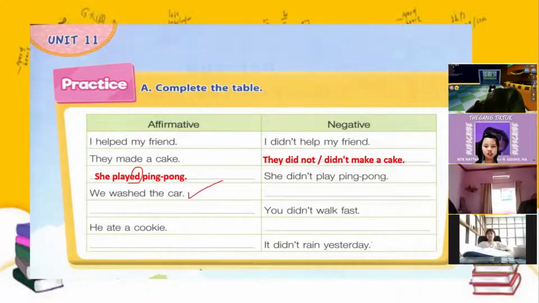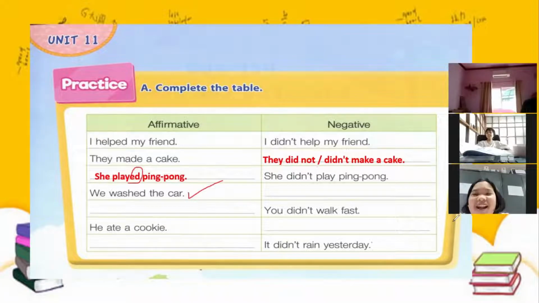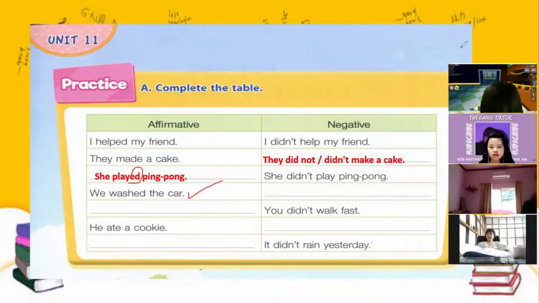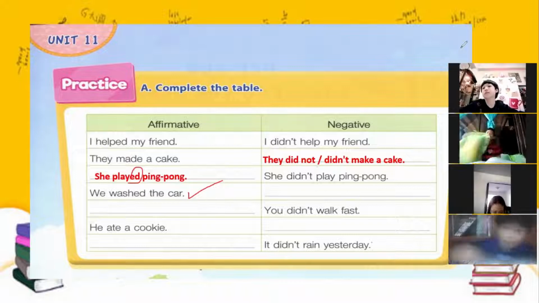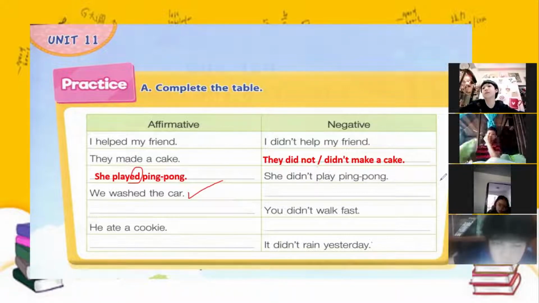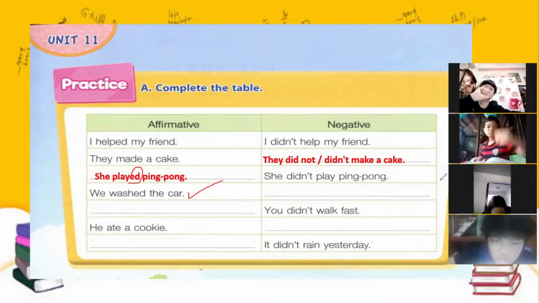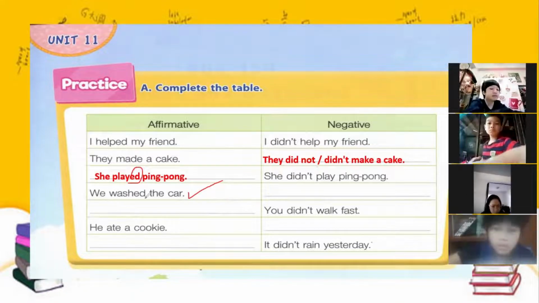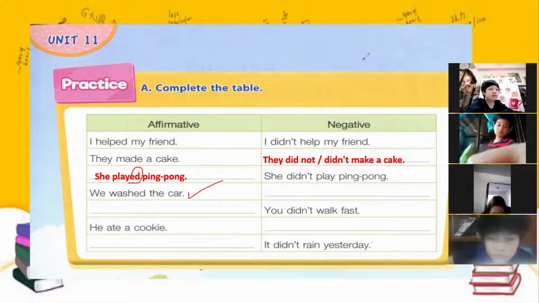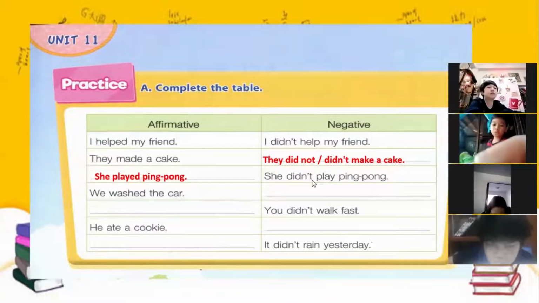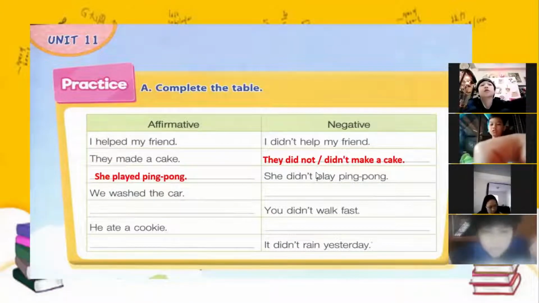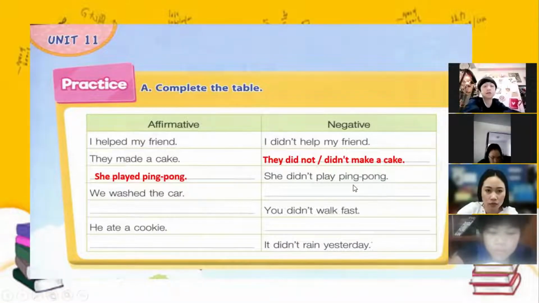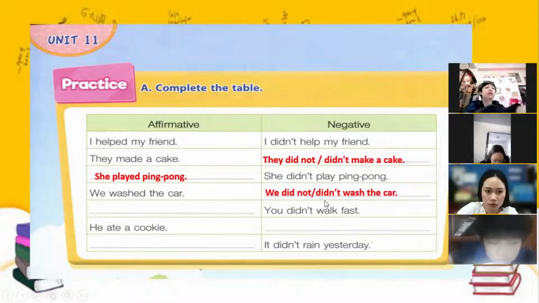Let me ask August, can you tell me what will be the negative sentence of we washed the car? We did not wash the car.